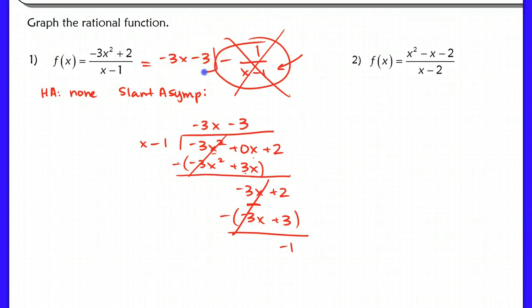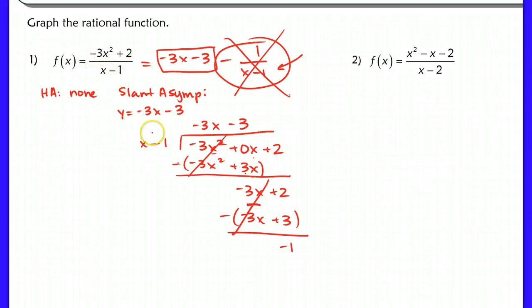What we're looking for is this resulting linear equation. That is the equation of your slant asymptote. So your slant asymptote has an equation y equals negative 3x minus 3. Okay? So just to recap, to find your slant asymptote, you just perform long division. You take your numerator and divide it by the denominator.